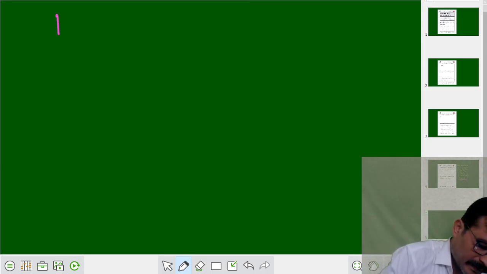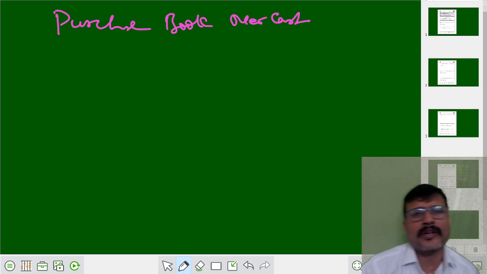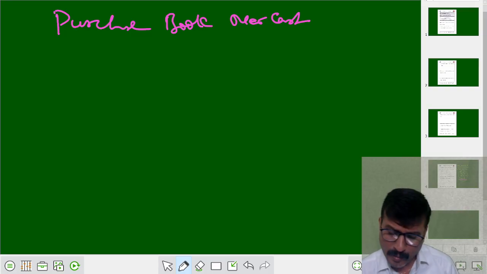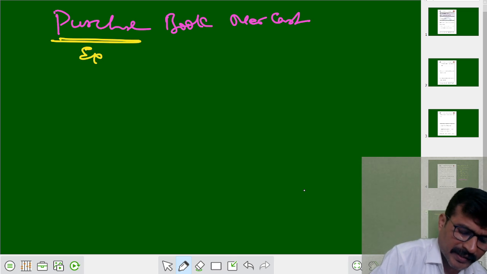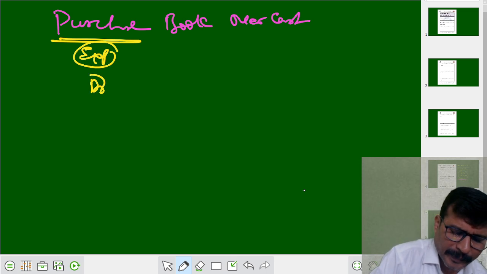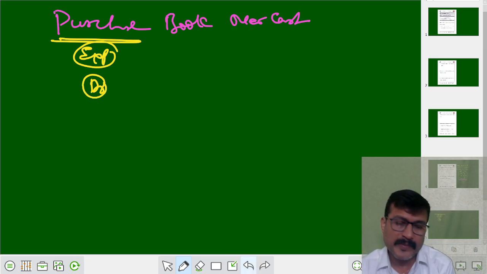See here. Purchase book over cost. Now my dear students, purchase means what? Expenses. According to the rule, expenses come where?